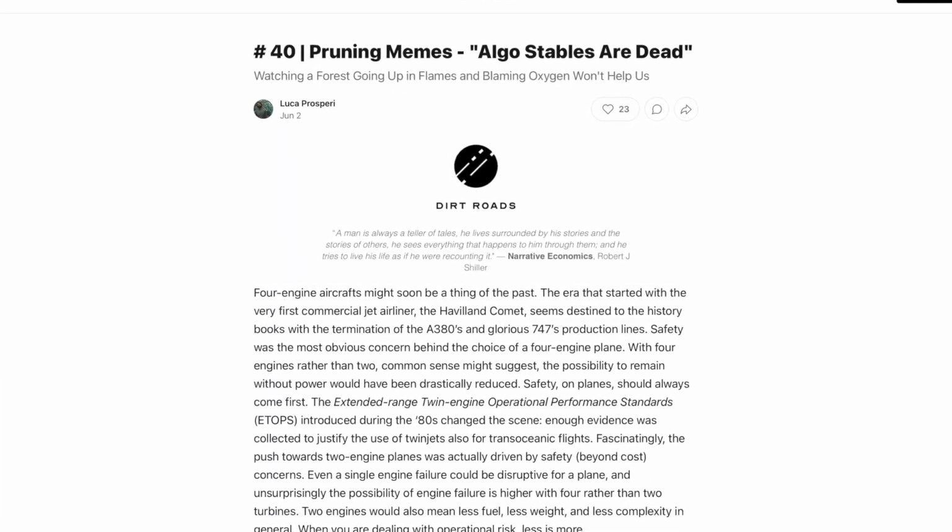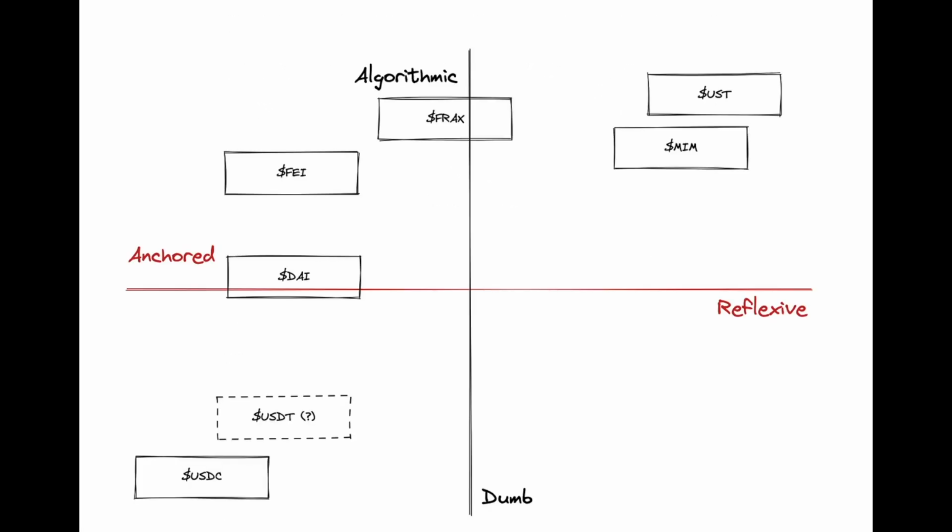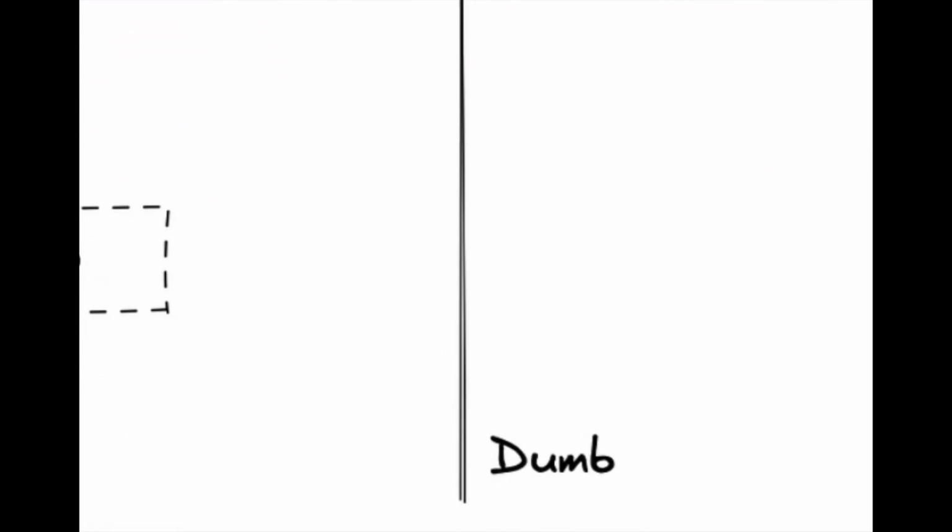USDC would fall purely in the governed category because it's controlled by a centralized body. UST and Luna would fall almost purely in algorithmic. The Dirt Roads blog has some amazing takes on these pieces and a wonderful visualization of where on a spectrum of coins that are more algorithmic or governed. They use dumb as the opposite of algorithmic instead of governed, which probably isn't wrong.